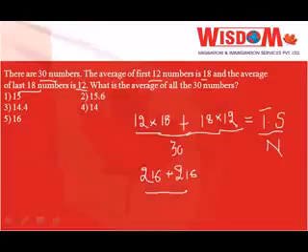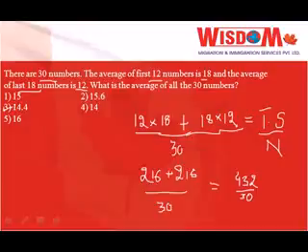So I would get 432 divided by 30, which would be nothing but 14.4. So my answer would be 14.4.